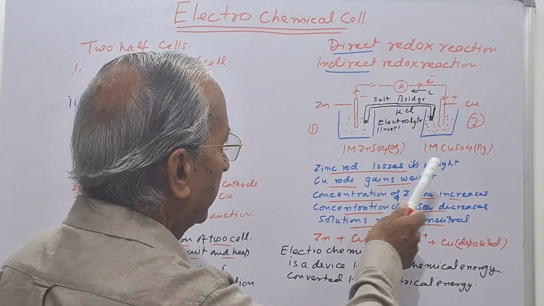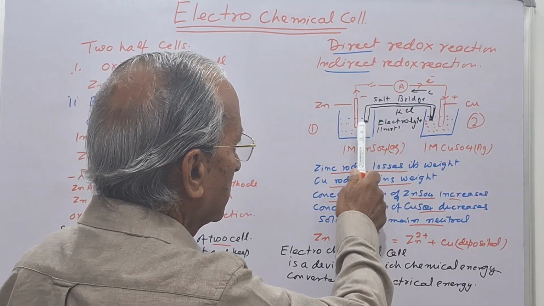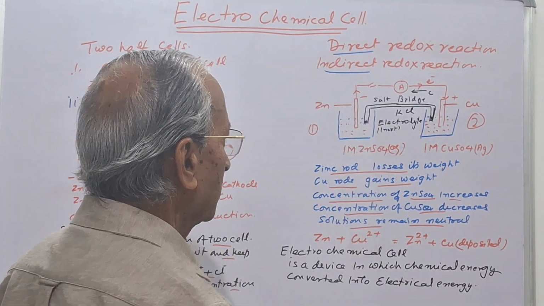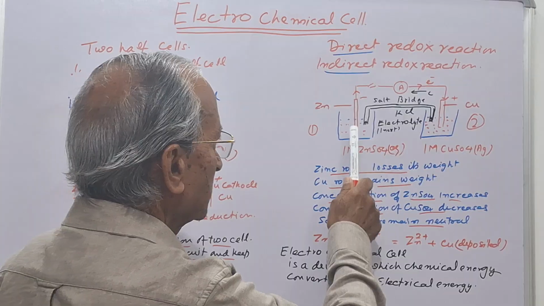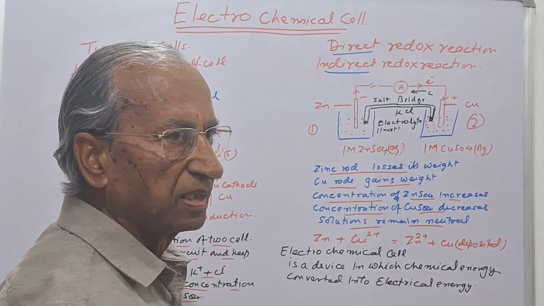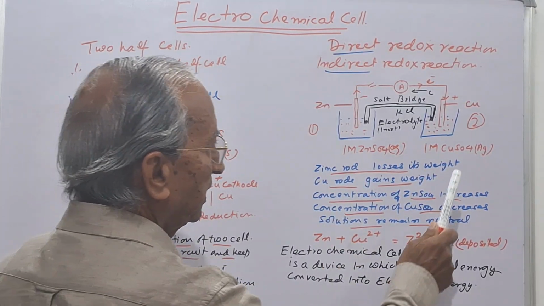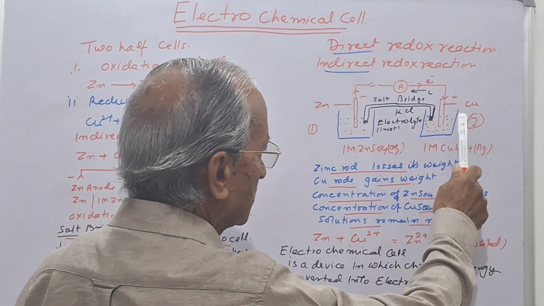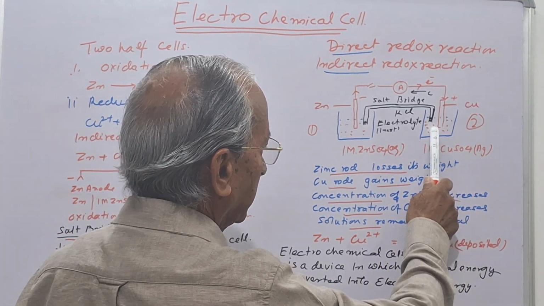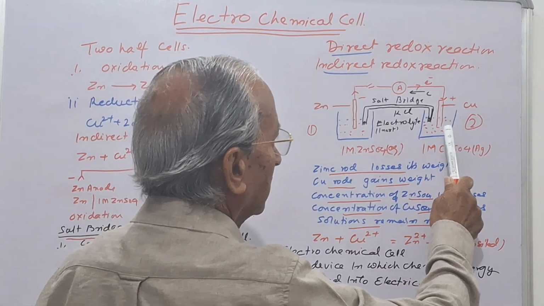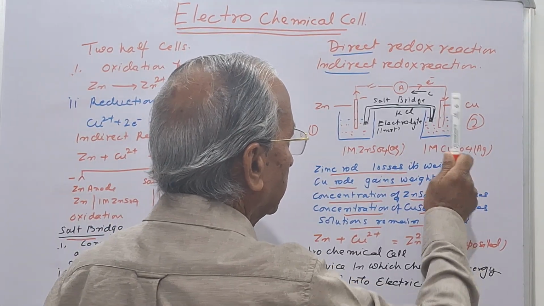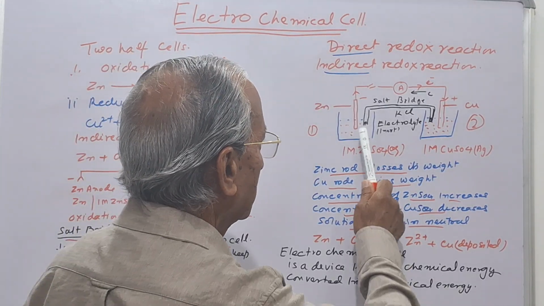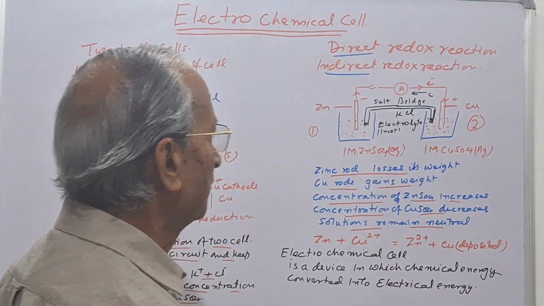It was found that the zinc rod loses weight and the zinc ions go to the solution and the concentration of the zinc increases, while in the case of the copper sulfate the concentration decreases and weight is gained in the case of the copper electrode, while the solution remains neutral.